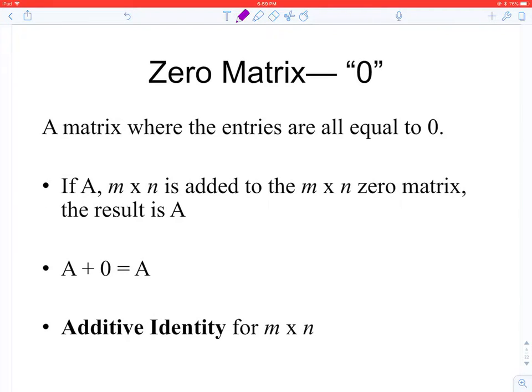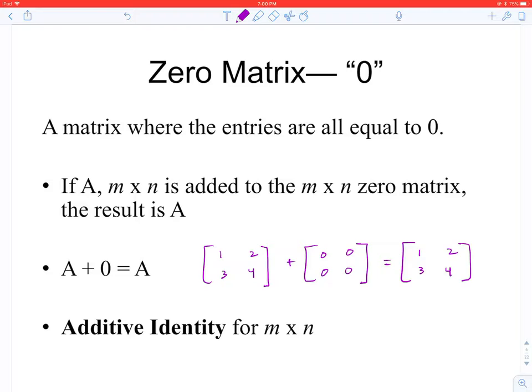Now a zero matrix is a matrix where all entries are equal to 0. So for example, if I have some matrix A, which will be 1, 2, 3, 4, and I were to add a zero matrix to that matrix, I would just end up with matrix A. So the zero matrix is the additive identity for an n by n matrix.